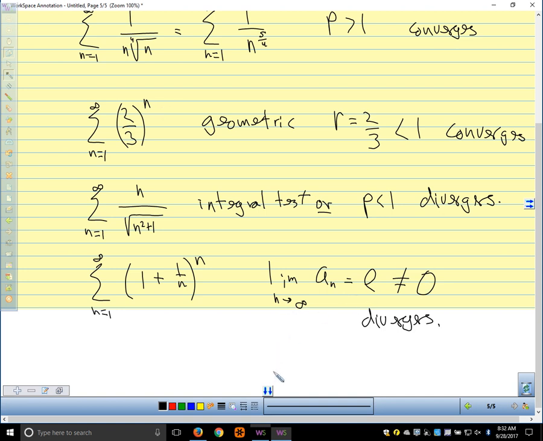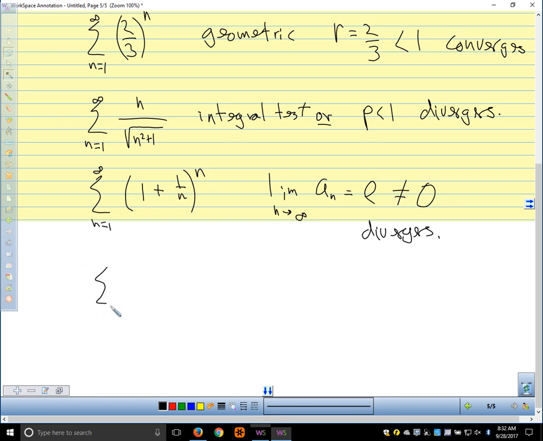Last one. 1 over n natural log n to the 3rd power.